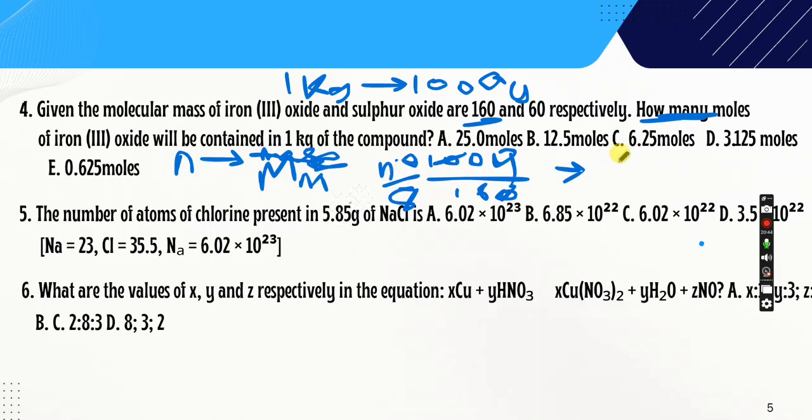And that will give us 25 over 4. And 25 over 4 will give us 6 and 1 over 4, which is the same thing as 6.25.